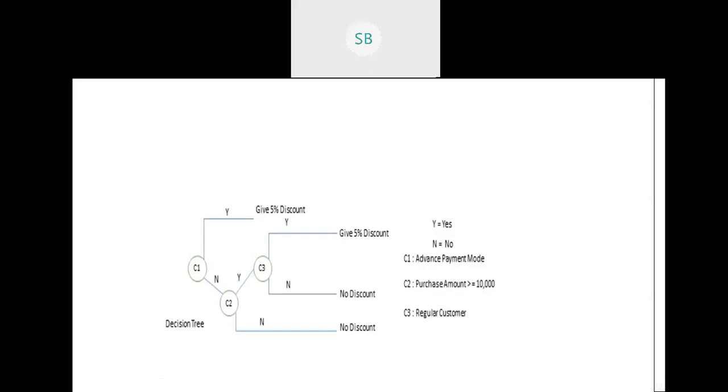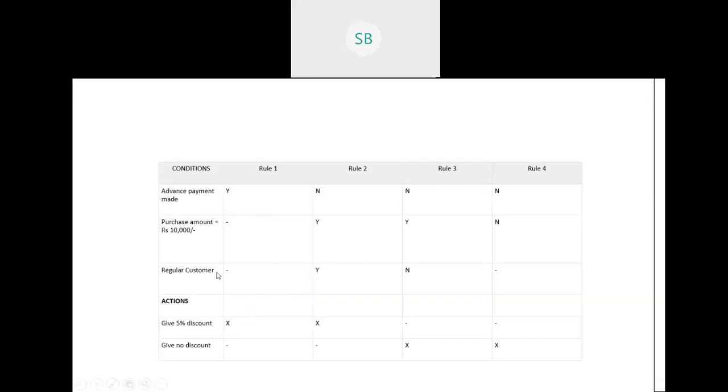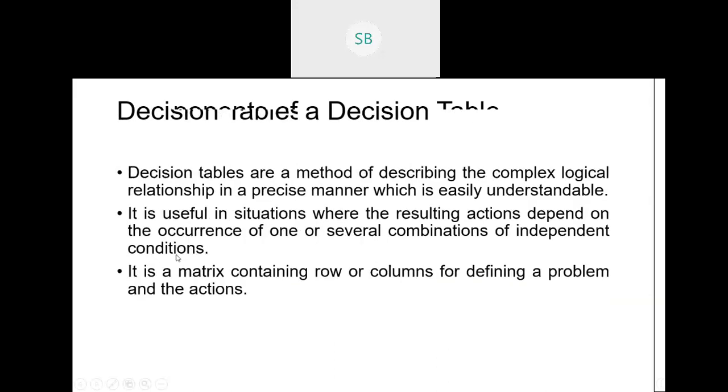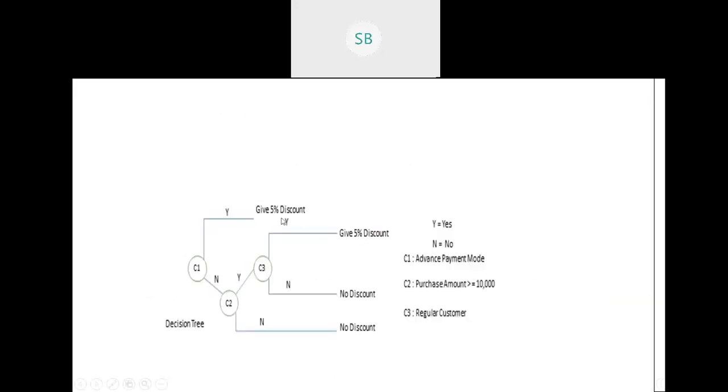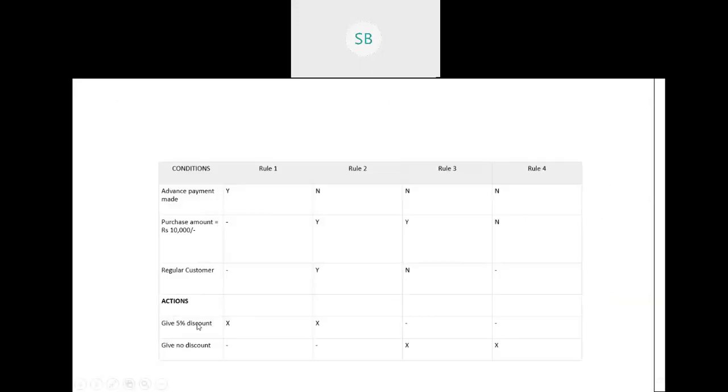These are the conditions. What actions need to be taken based on these conditions? Whether to give them a 5% discount or no discount. We mention those in the action stub.